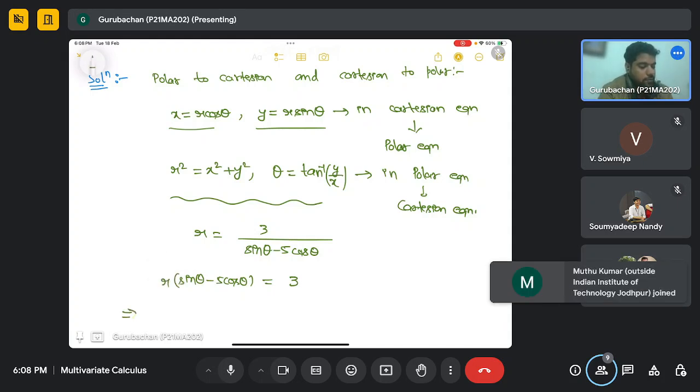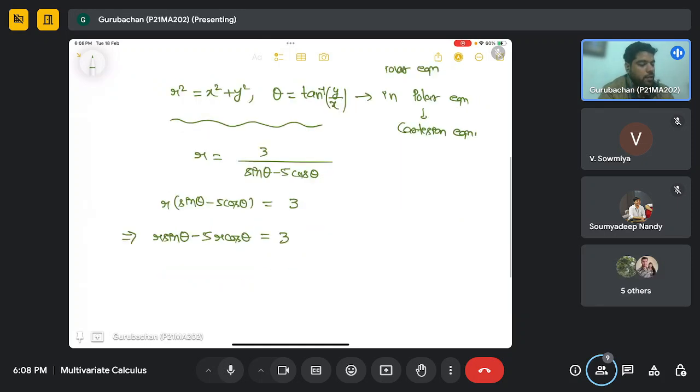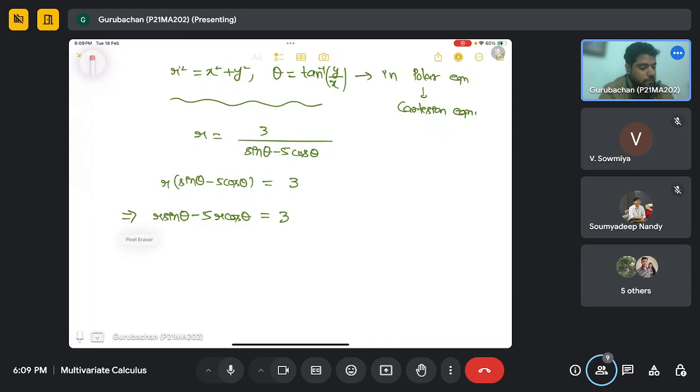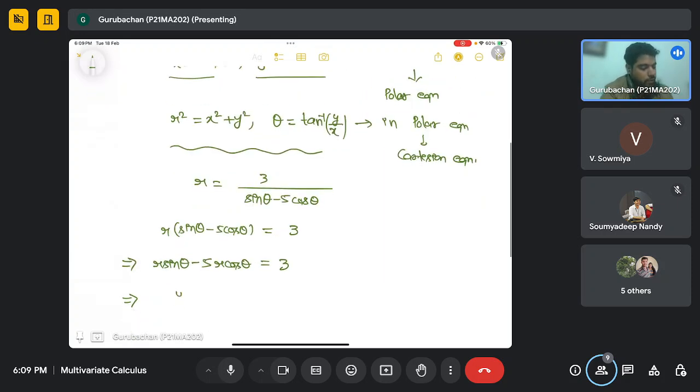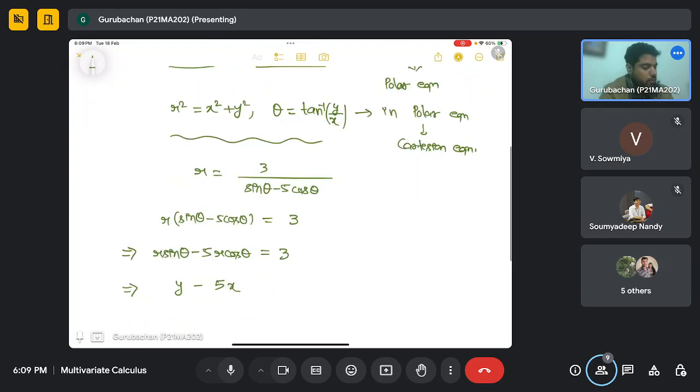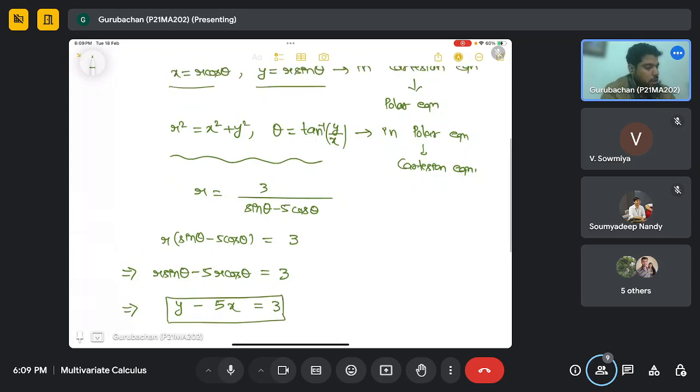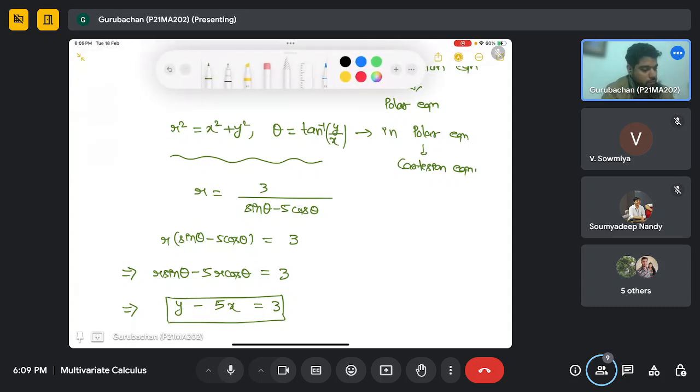It will give us r sine theta minus 5r cos theta is equal to 3. Next, what is r sine theta? R sine theta is y. And what is r cos theta? It is x. So we can get y minus 5x equal to 3. I hope everybody understands this. If anybody has any doubt, you can ask.